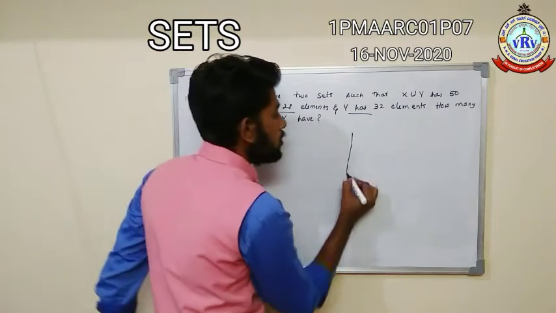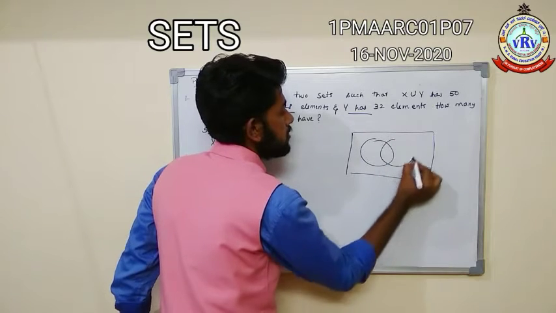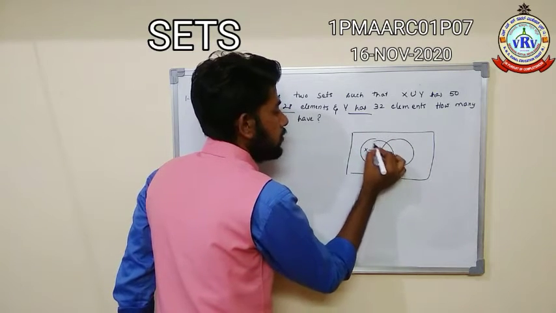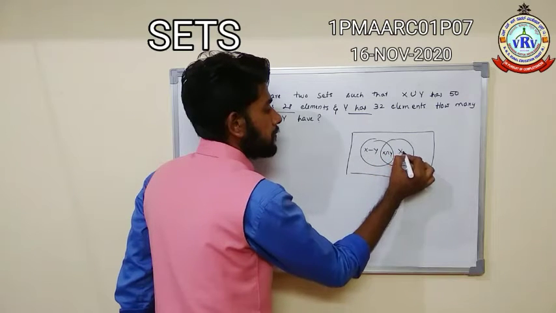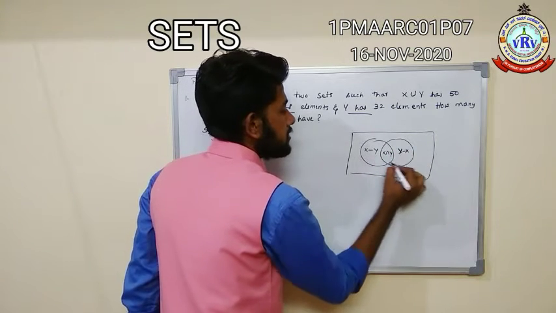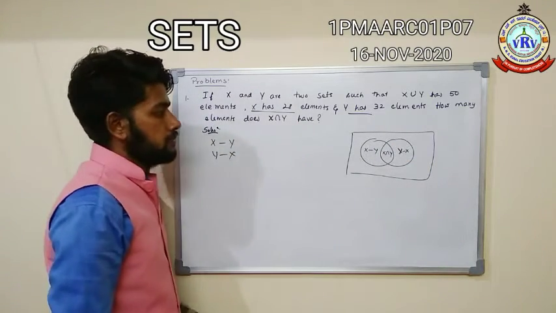So we also know the Venn diagram of this. This is x minus y, only this portion, excluding x intersection y. This is y minus x, the set of all elements of y excluding the elements which are in the set x.